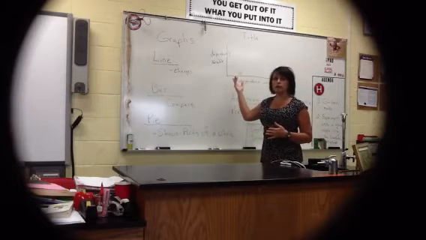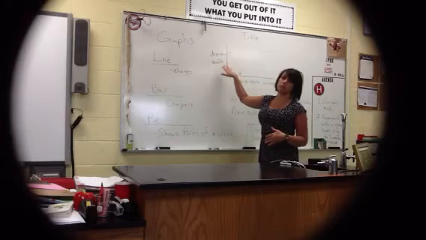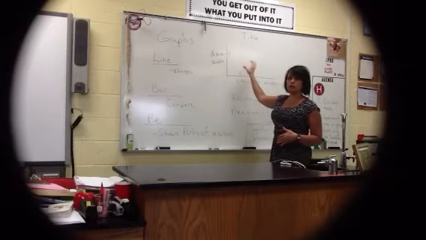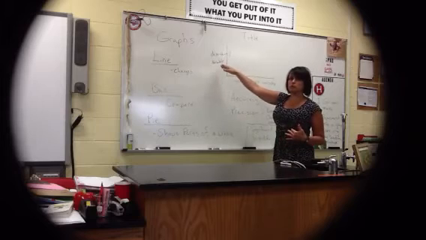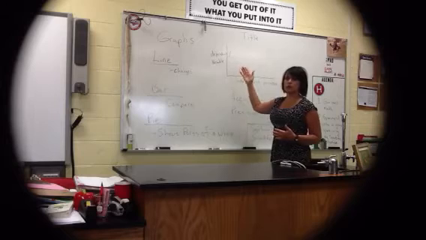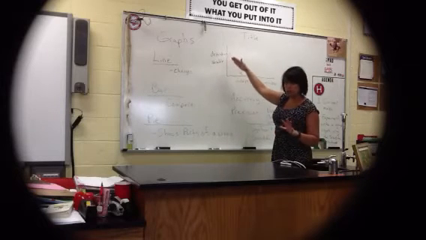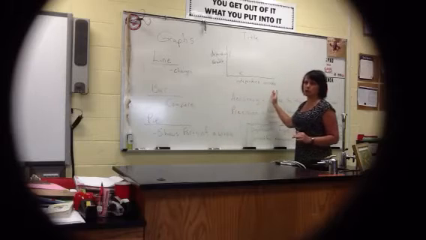Now the y-axis is the dependent variable. Now with the dependent variable, that is totally dependent on what's going on. So something like distance might go on the y-axis. Okay, because your distance can change according to the experiment, whereas time will keep going.